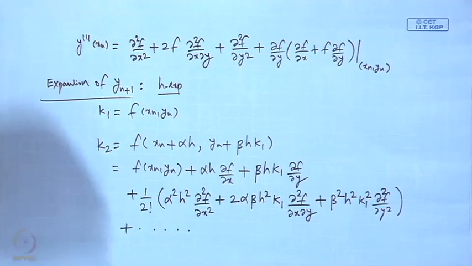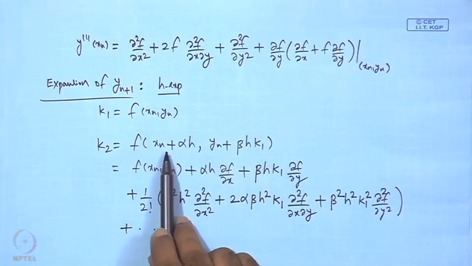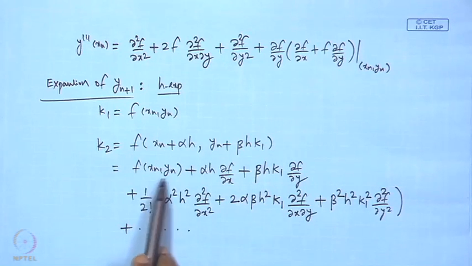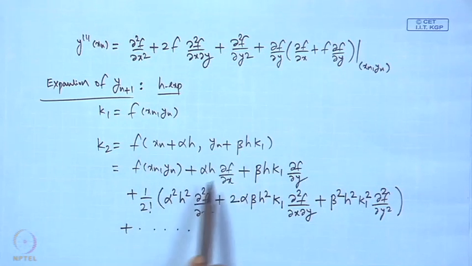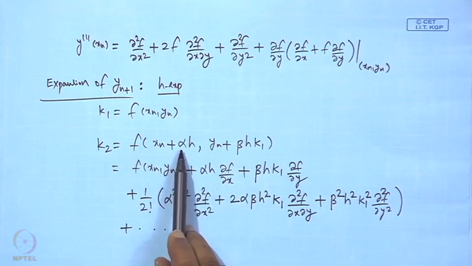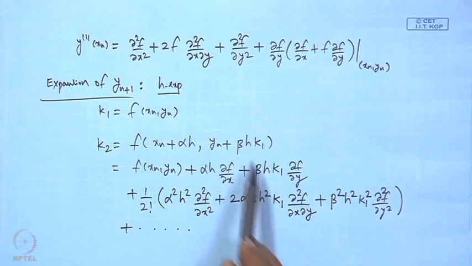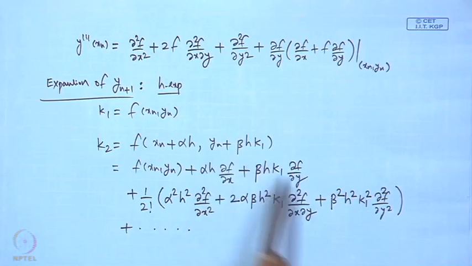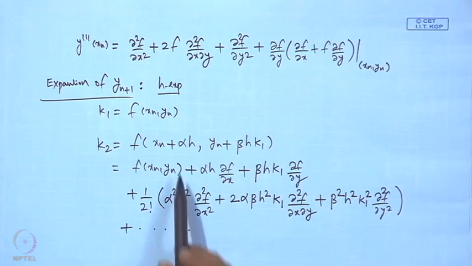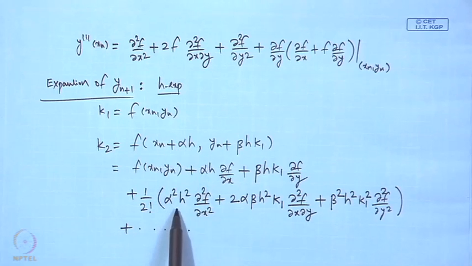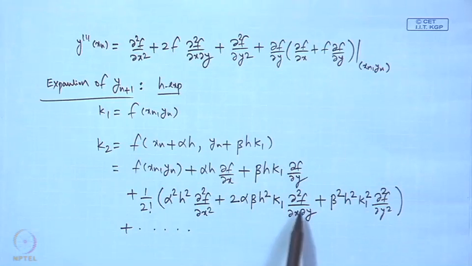Well, look at this. So, we have to expand with respect to x and y. So, this is a function about the point x and y n, then first order terms alpha h dou f by dou x plus this is the increment for y, therefore, the increment times dou f by dou y. Now, the second order terms, 1 over 2 factorial. So, this is the second order term of this, this is the second order term of this, and this is the mixed term. Okay.